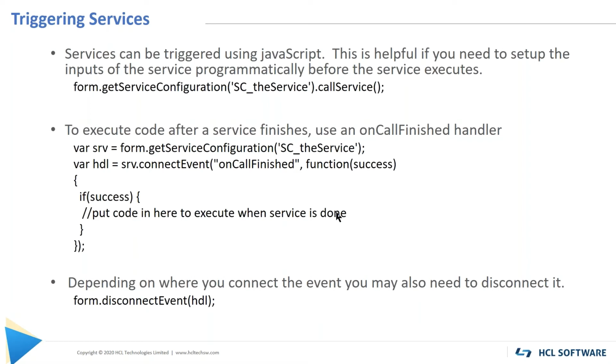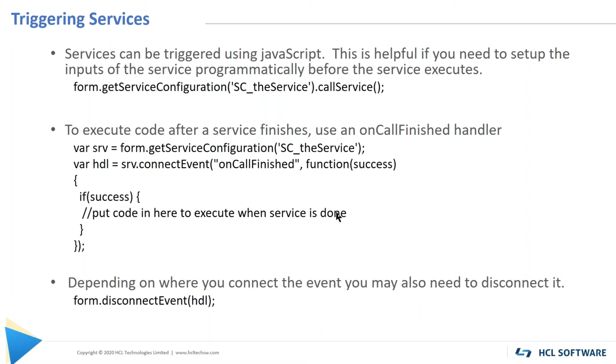Otherwise, if that field maybe goes visible and invisible, and visible and invisible, then every time that on show event executes, you'll be connecting that handler again. So you might get to a situation, which I have in the past, where whatever code is inside of that handler starts happening multiple times, and it becomes just a strange happening.